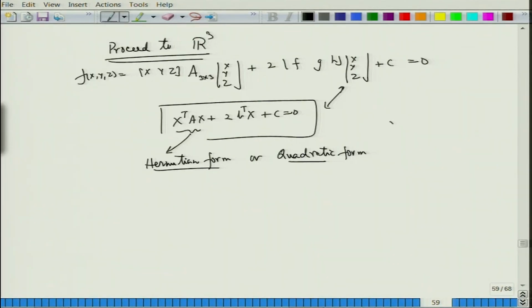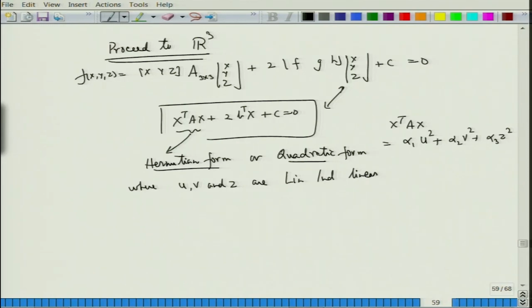Write x transpose A x as alpha 1 u square plus alpha 2 v square plus alpha 3 z square, where u, v and z are linearly independent linear forms. All right. Do that yourself, whatever way you want.